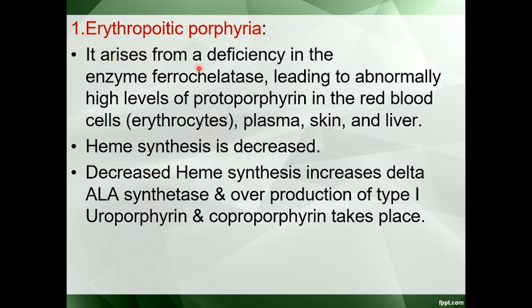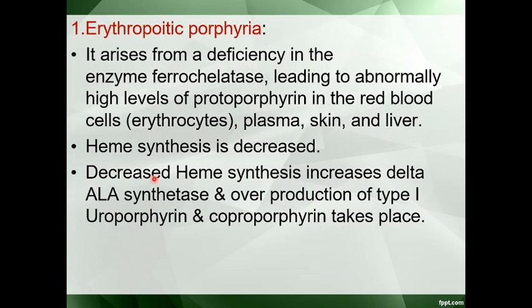It arises from a deficiency in the enzyme ferrochelatase, leading to an abnormally high level of protoporphyrin in the RBC, plasma, skin, and liver. Iron is not inserted in the protoporphyrin ring, so heme is not formed and heme synthesis is decreased.